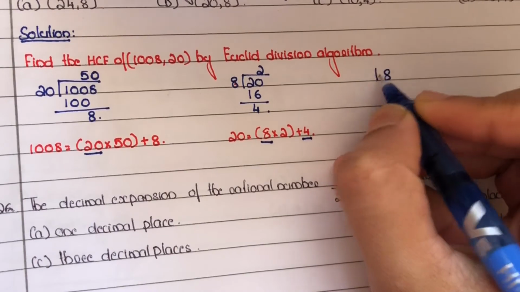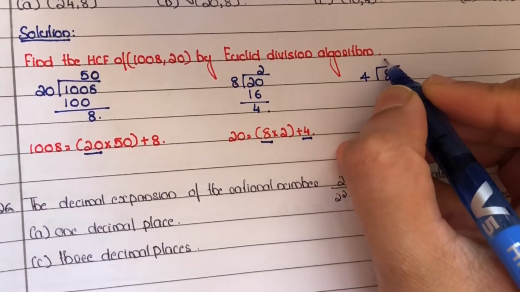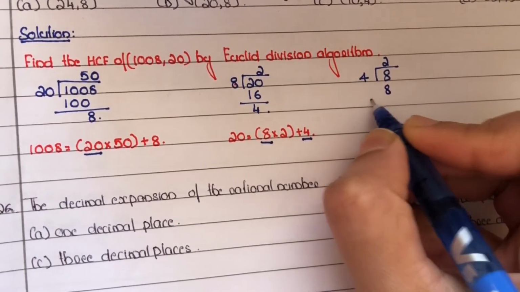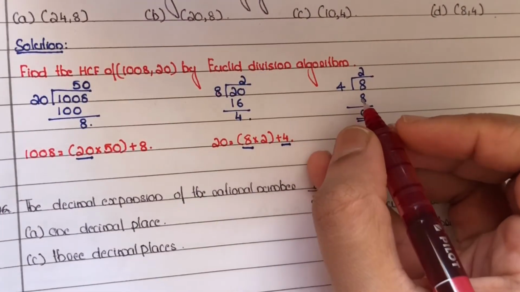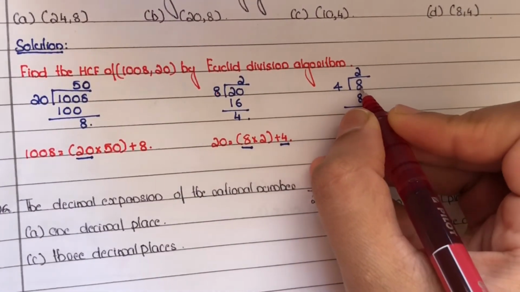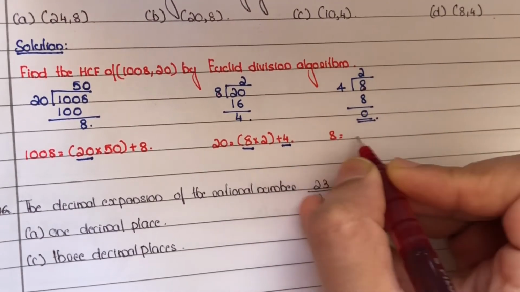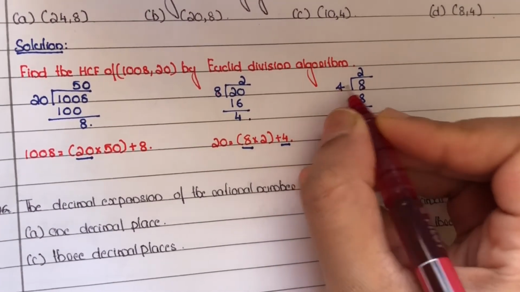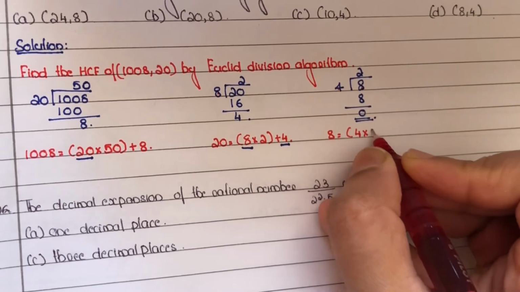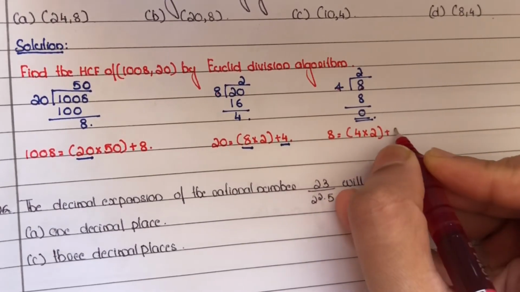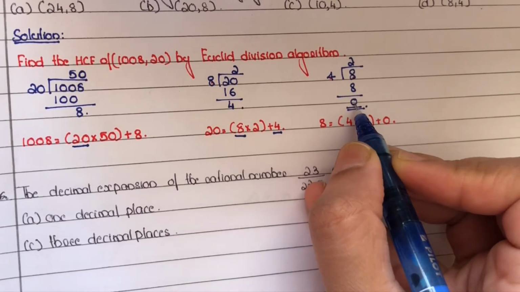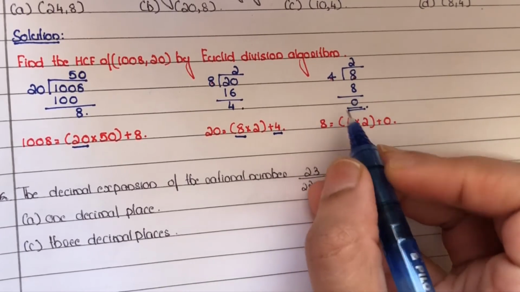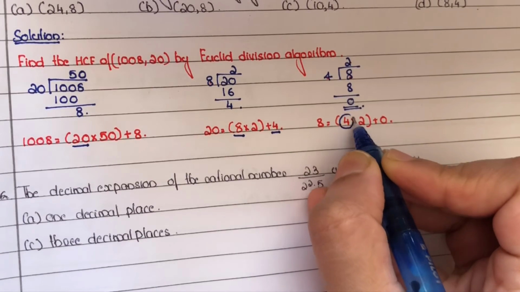Divide, that is 8 divided by 4, 2, 8, remainder is 0. Again apply Euclid division lemma, that is dividend 8 equal to divisor 4 into quotient 2 plus 0. Okay. Here we got remainder equal to 0. So here HCF is 4.